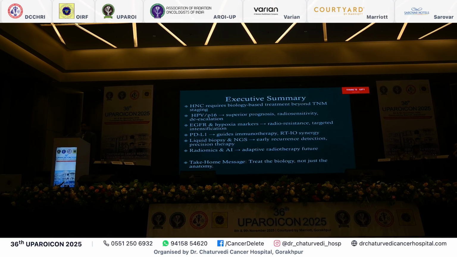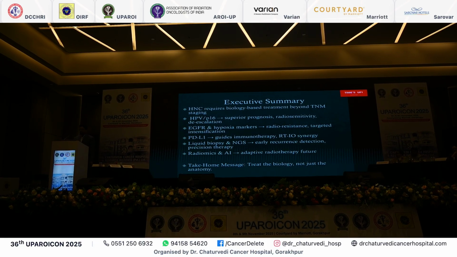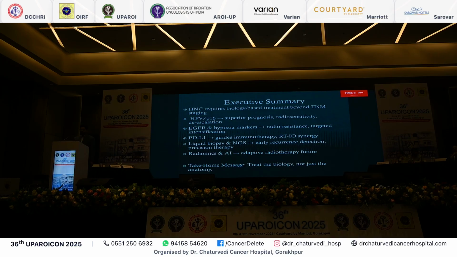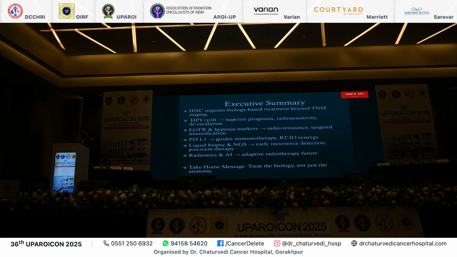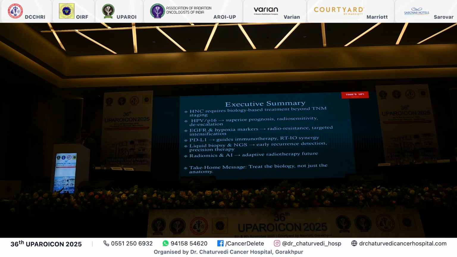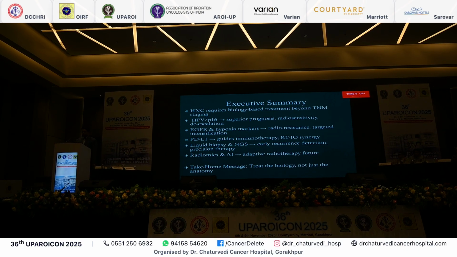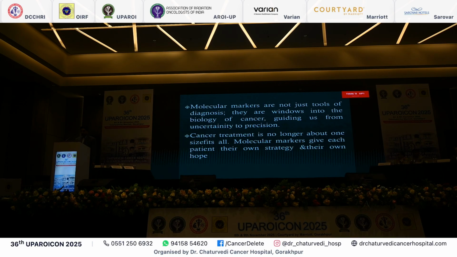So, to summarize, head and neck cancer requires biology-based treatment beyond the TNM staging. HPV 16 has superior prognosis and radiosensitivity, and radiomics and AI show the way for adaptive radiotherapy.